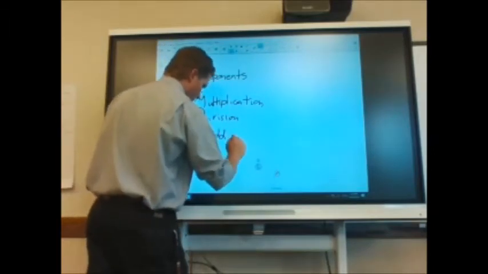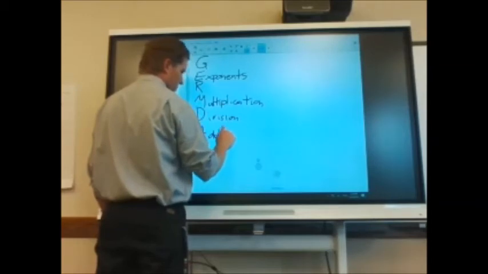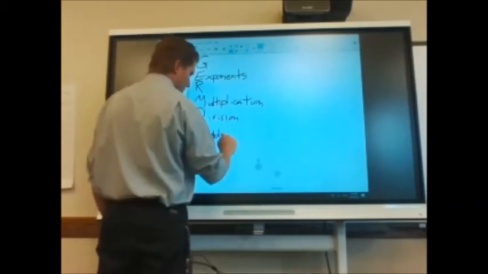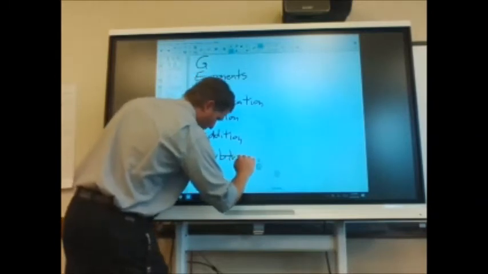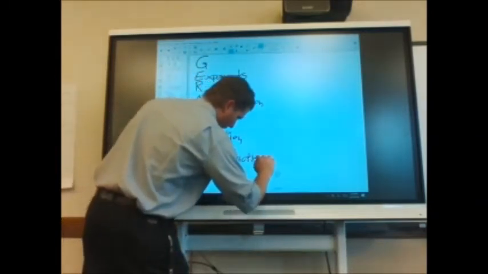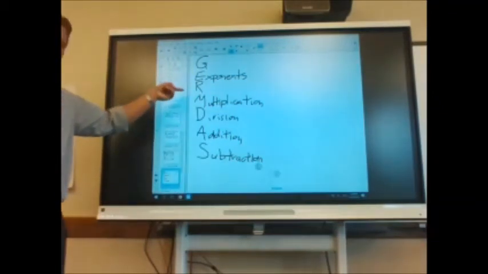Addition. And subtraction. Which means we have an R in here right after exponents.